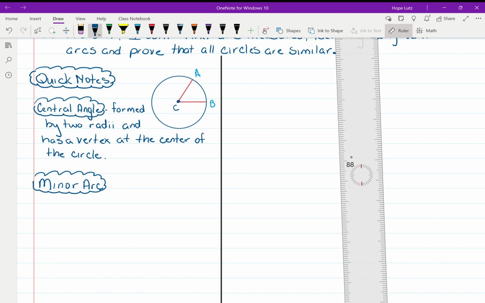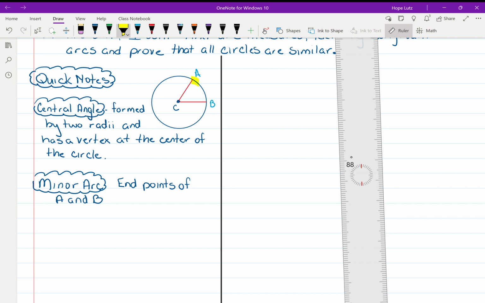So a minor arc has endpoints of A and B. So I'm going to highlight that real quick.